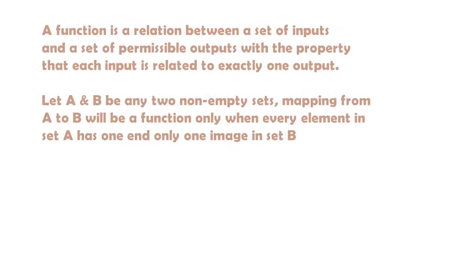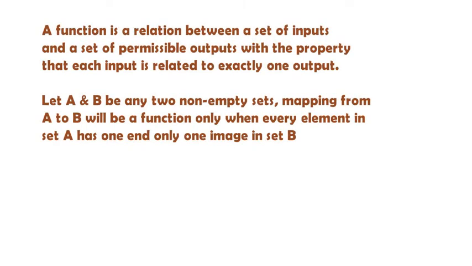A function is a relation between a set of inputs and a set of permissible outputs with the property that each input is related to exactly one output. Let A and B be any two non-empty sets.